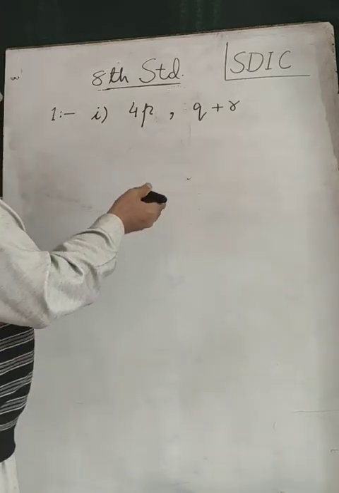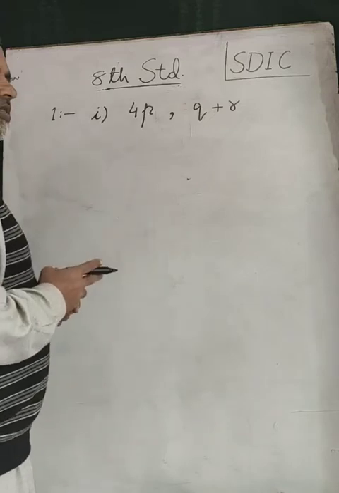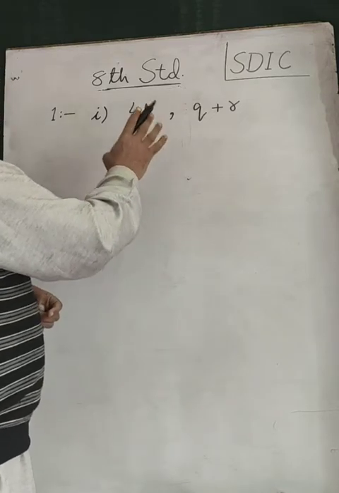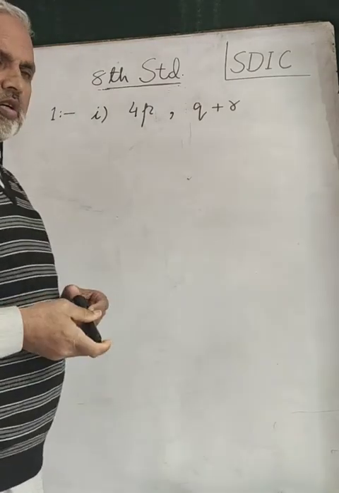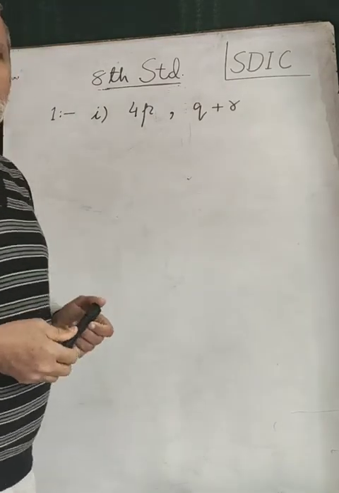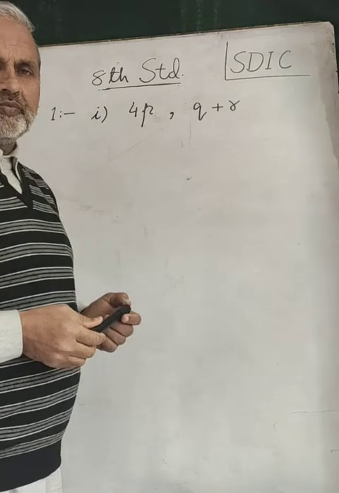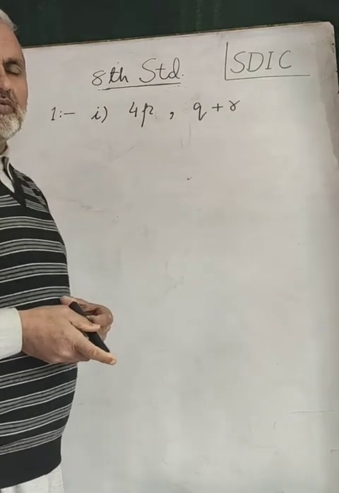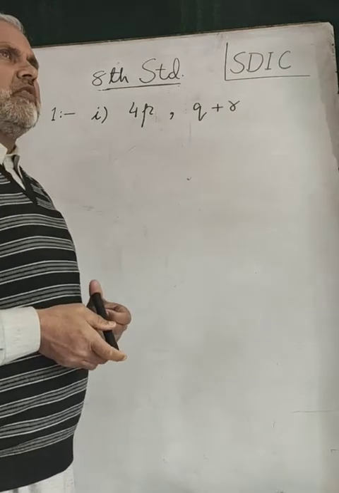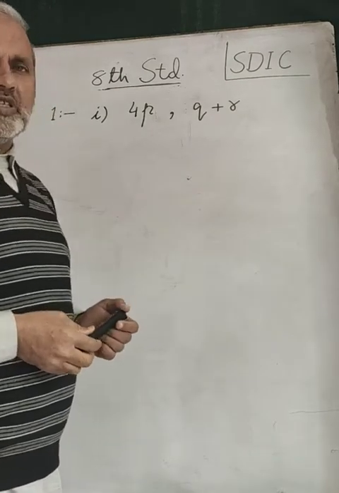Now to begin the procedure, remember, whenever you have more than one term in an expression, you must use a bracket for that. Earlier, we used a bracket in the previous exercise.